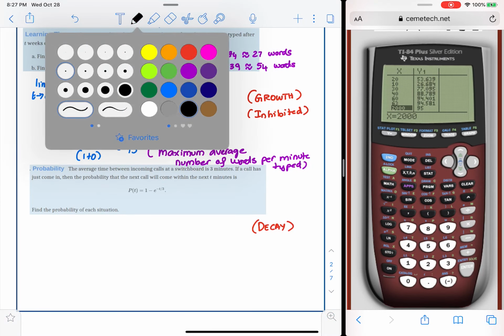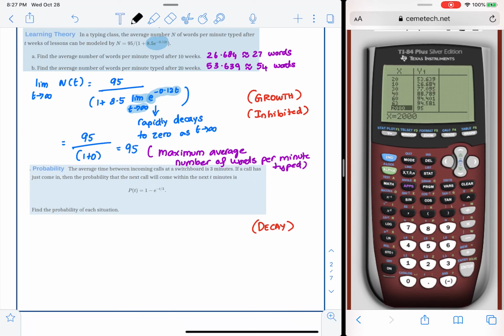So even before we start the problem, let's take the limit of P of t. What is P of t? The average time between incoming calls at a switchboard is 3 minutes. If a call has just come in, then the probability that the next call will come within the next t minutes is given by that probability.